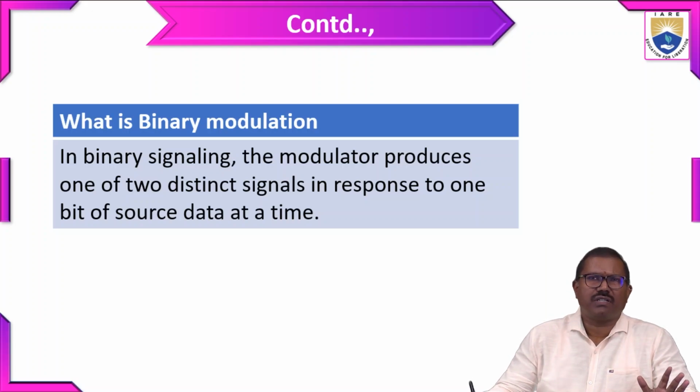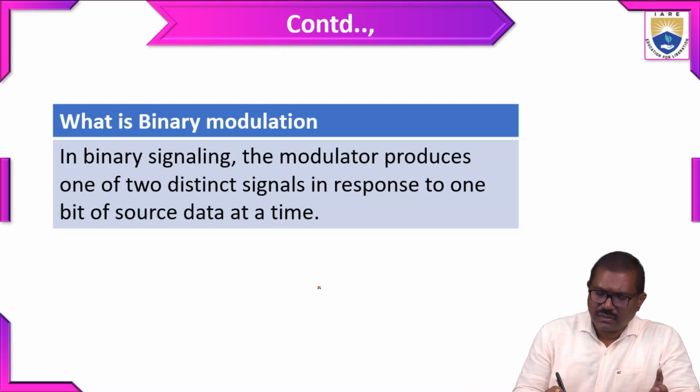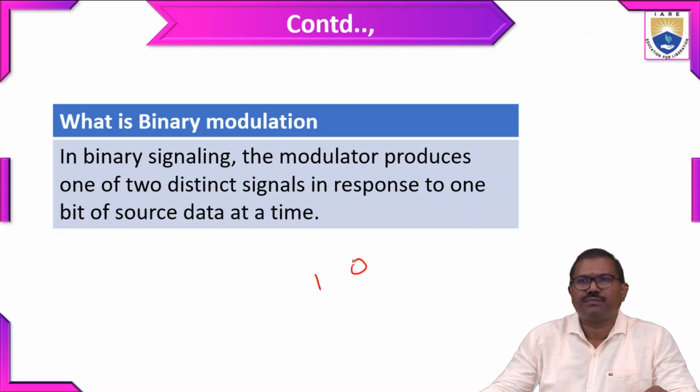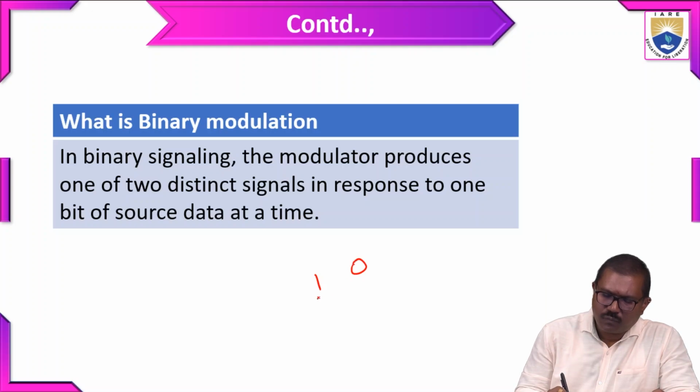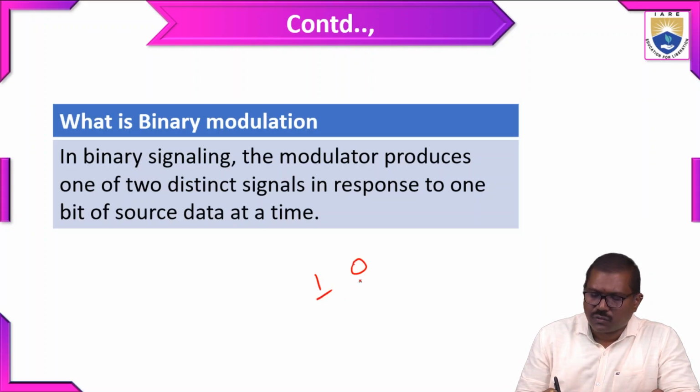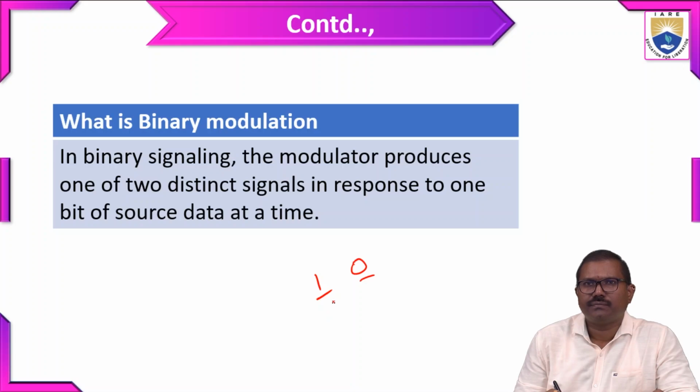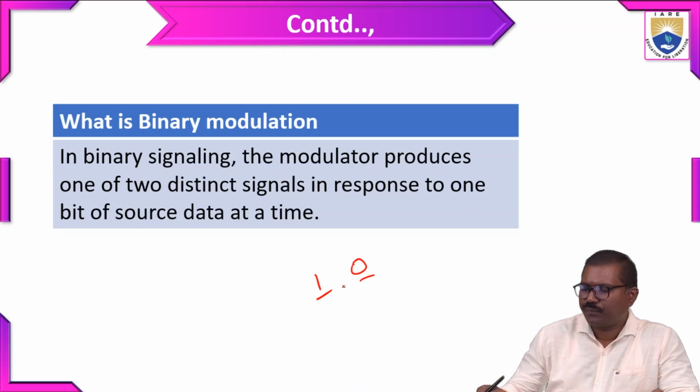That is binary modulation. We can modulate one bit at a time. What are the two distinct signals? That is 1, 0. So, I can send at a time either 1 or 0, not both. Okay, so that is the binary.